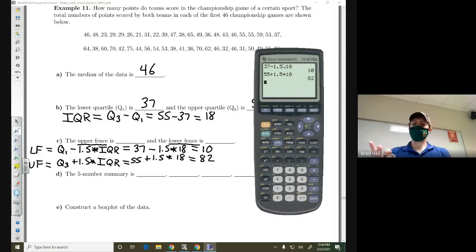So let's not mix up the order, because I did the lower fence first. So the lower fence, 10, should go over here, next to its lower fence wording, and 82 over here. That's it for the fences.